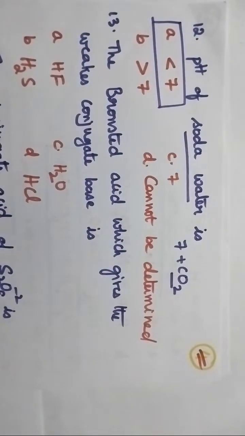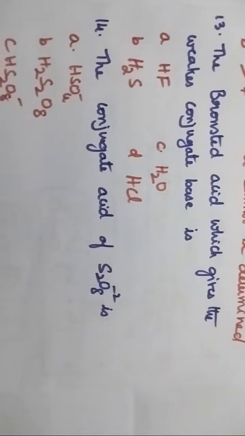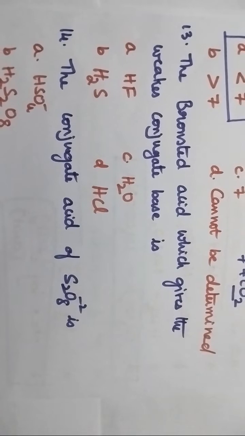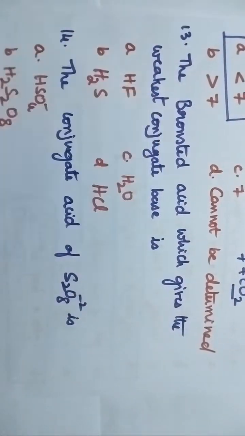Okay. Banu, Suhani, they gave the right answer. Ramadurga, very good. Next, moving to the 13th question. The Bronsted acid which gives the weakest conjugate base is.